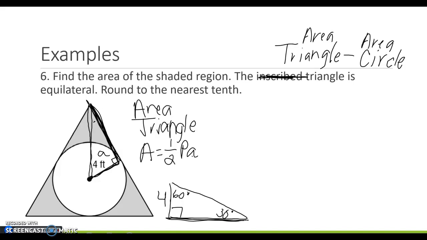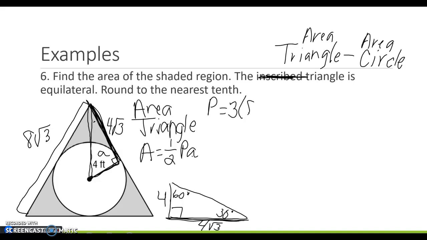So if the short leg is 4, the longer leg is 4 square root of 3. And so the entire side would be 8 square root of 3. 4 square root of 3 plus 4 square root of 3, 8 square root of 3. And so then the perimeter is going to be 3 for 3 sides times that 8 square root of 3, and that'll be 24 square root of 3.